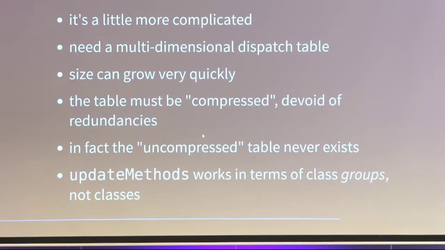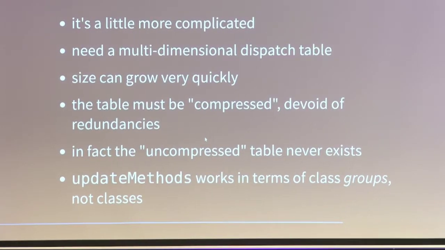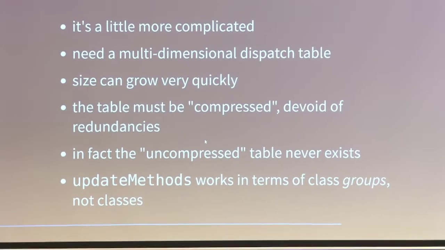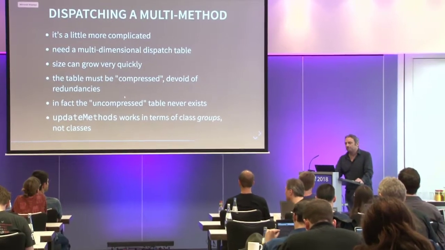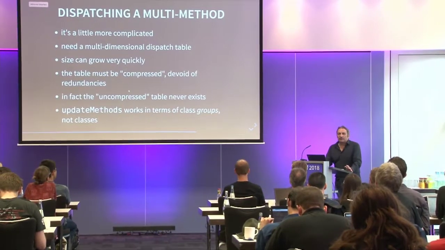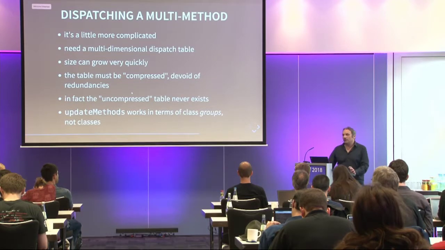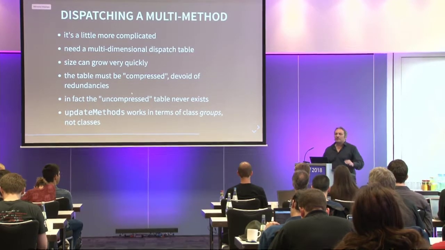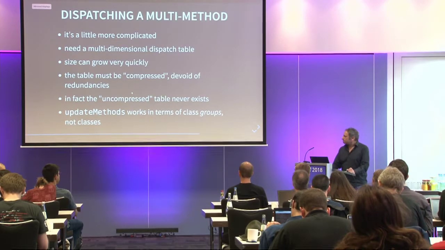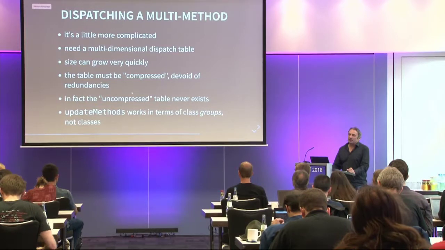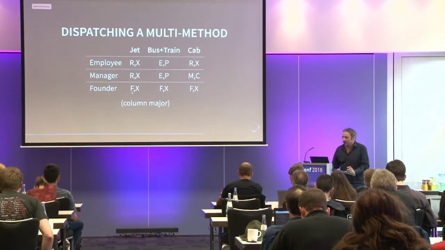For multi-methods, it's a little more complicated, but I want to save some time for other stuff, so I'll go quickly over it. It uses a multi-dimensional dispatch table. The problem is that the more you add specializations and subclasses and also number of virtual arguments, that table can grow quickly in size. They're actually built void of dependencies, and it's easier to just look at it.